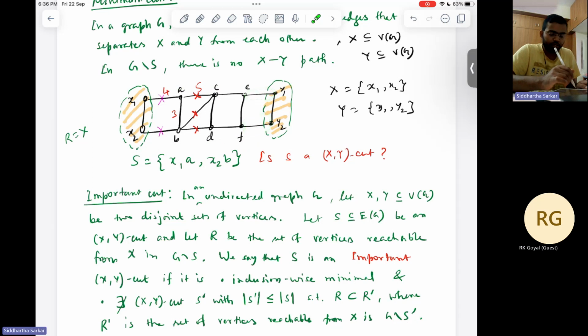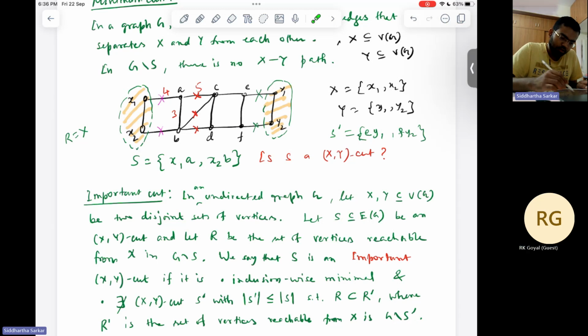EY1 and EY2 constitute an XY cut. So that is the S dash. So consider S dash to be these two edges, EY1 and EY2. This is a valid XY cut.